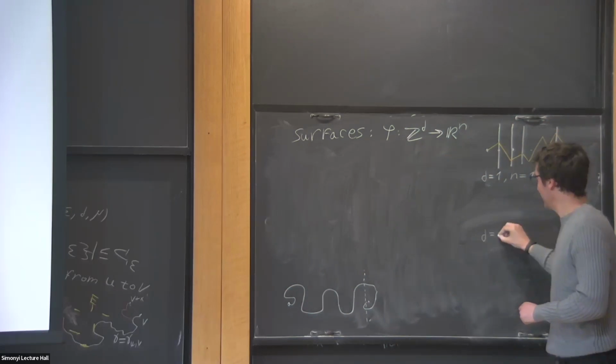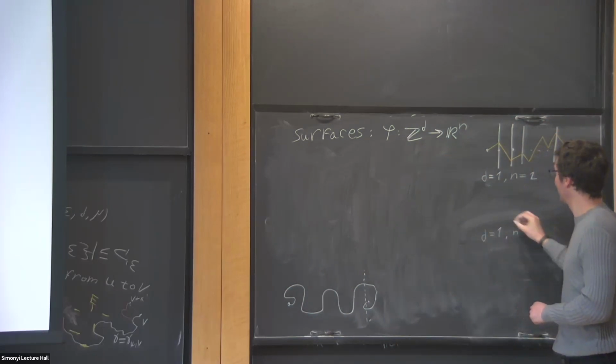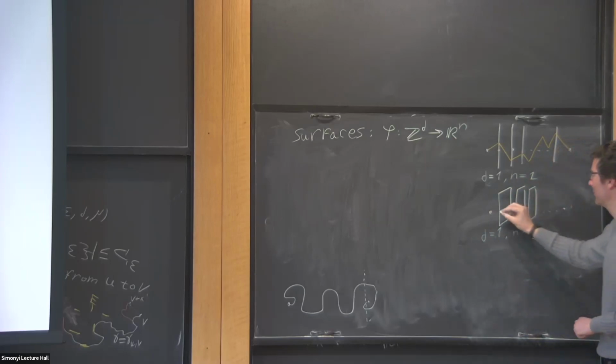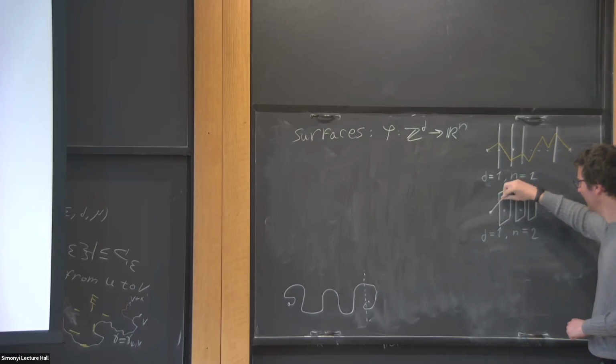What happens for d equal 1, n equal 2? That means that at every vertex, I now have a two-dimensional plane, and my surface needs to choose a point in the plane. So maybe it chooses this point, and then that point, and then this point.